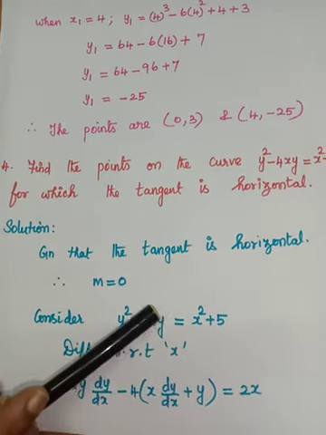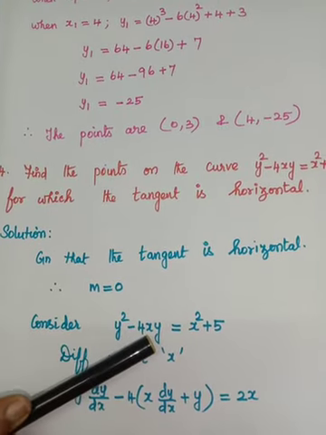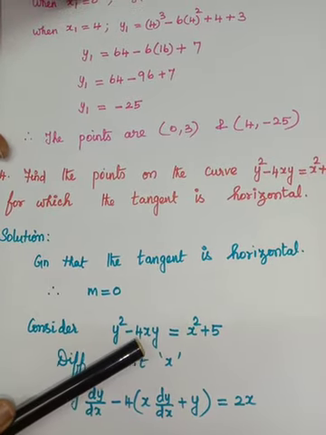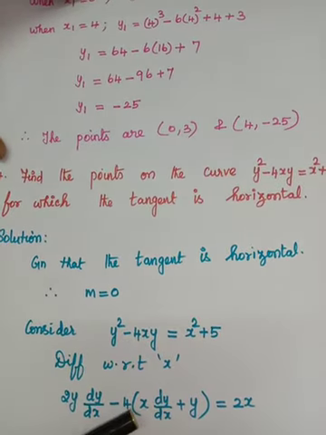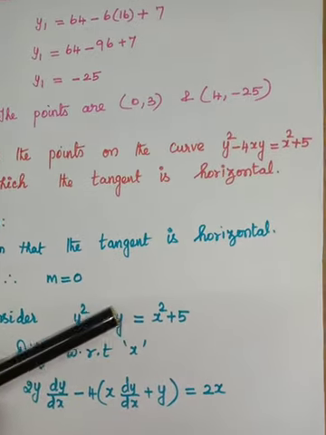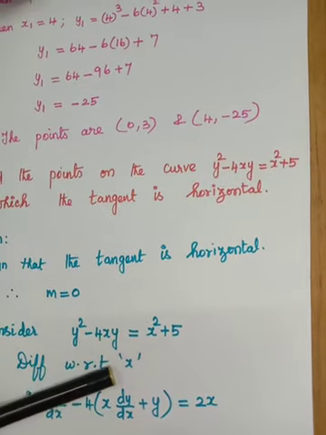You see that here x into y. So x and y are in a product. So you have to use the product rule to differentiate. So you keep the first function as it is. So x is kept as it is and y has to be differentiated with respect to x.